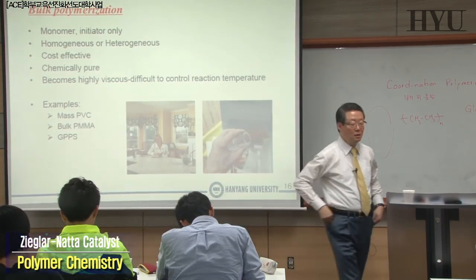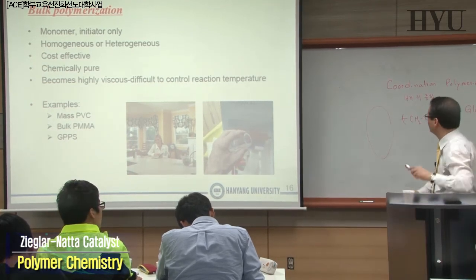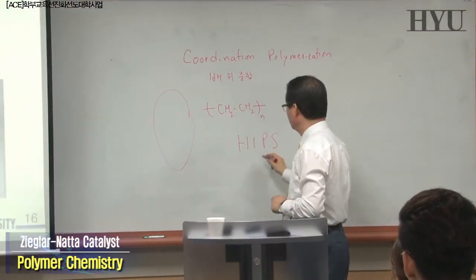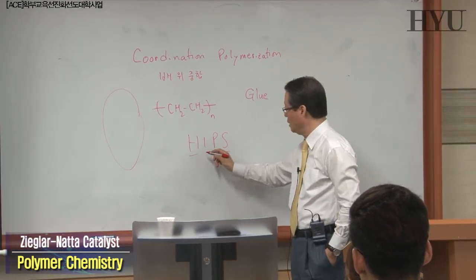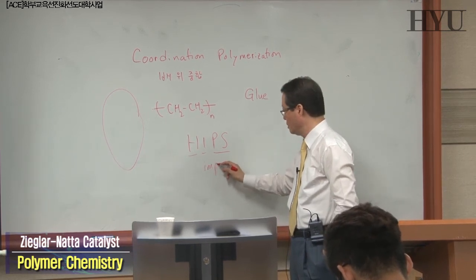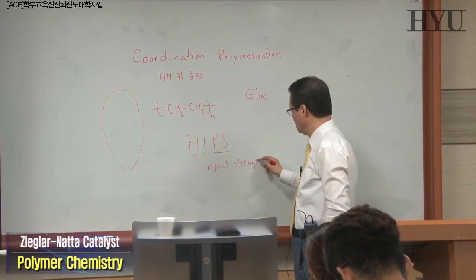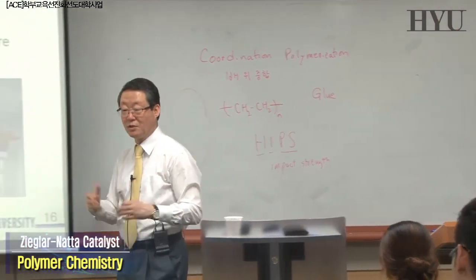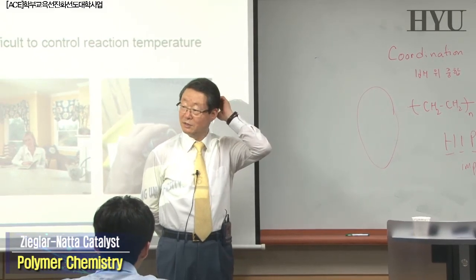Okay, GPPS. HIPS. HIPS is polystyrene, of course, right? But high impact strength. I think the company uses a lot of abbreviations, just like what you're doing in your conversations.